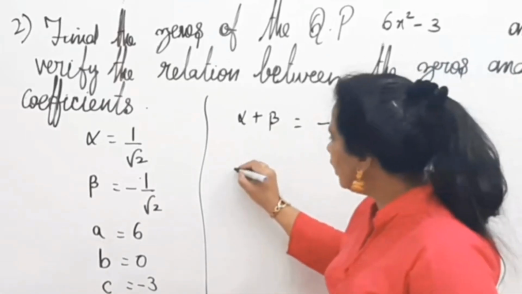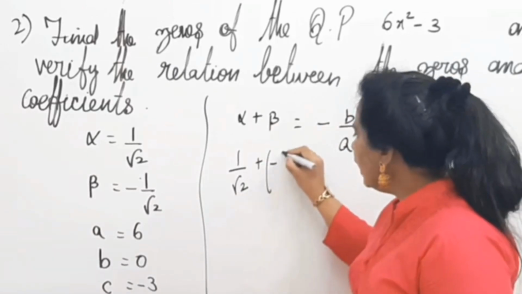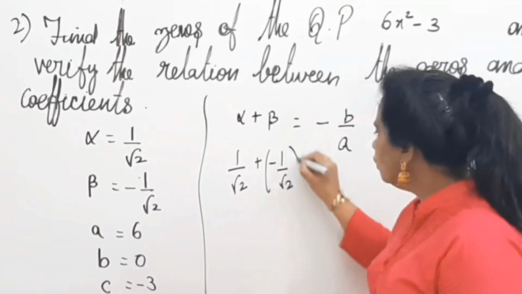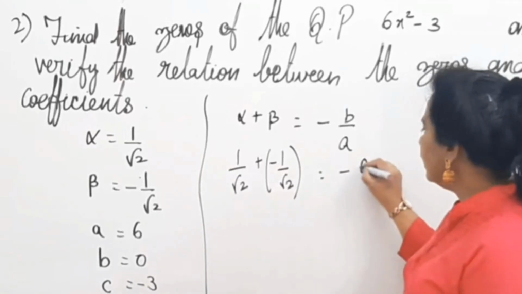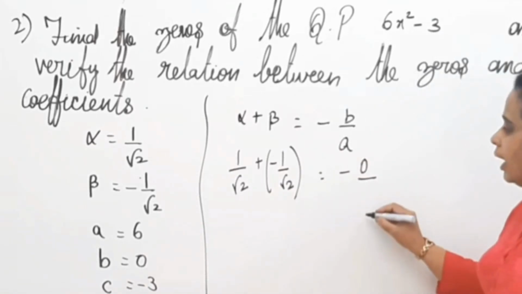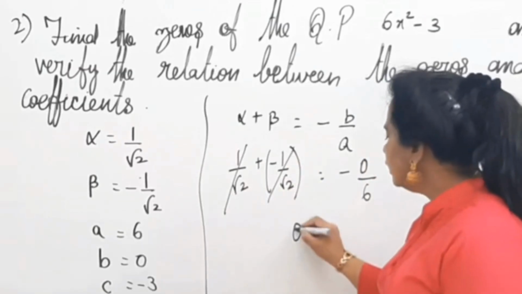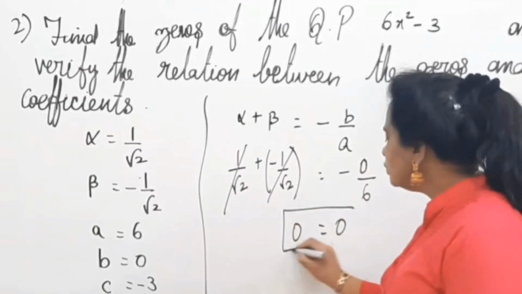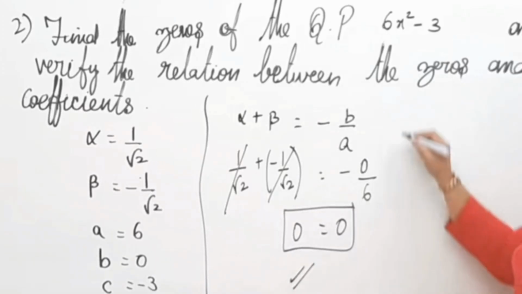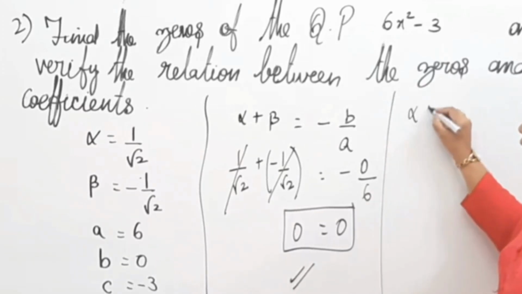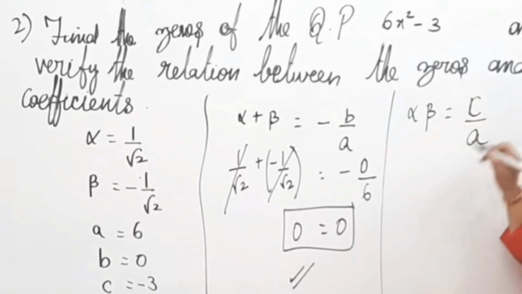So my alpha is 1 by root 2 plus minus 1 by root 2, which must be equal to minus my b, which is 0, by a, which is 6. So this becomes 0. That means 0 equal to 0. So LHS is equal to RHS. It is verified.